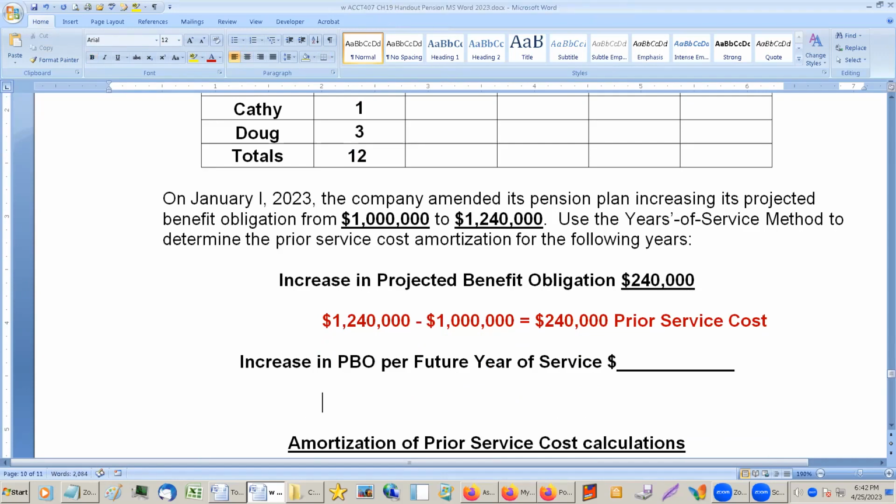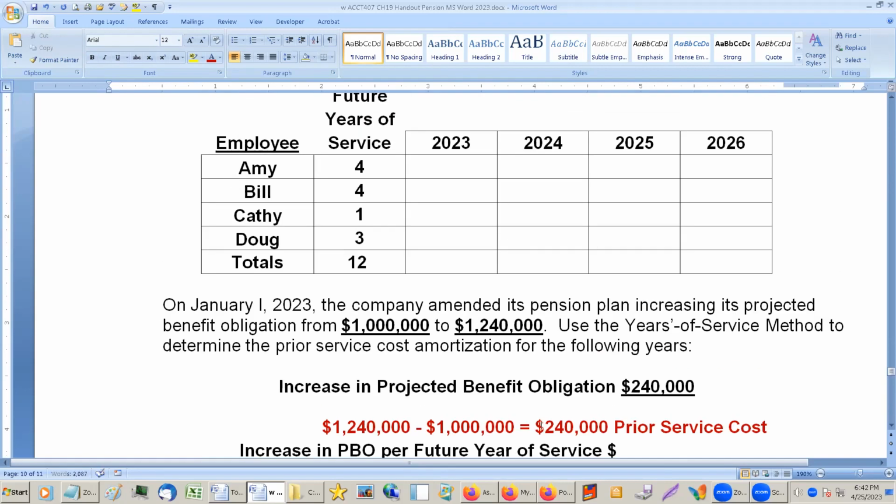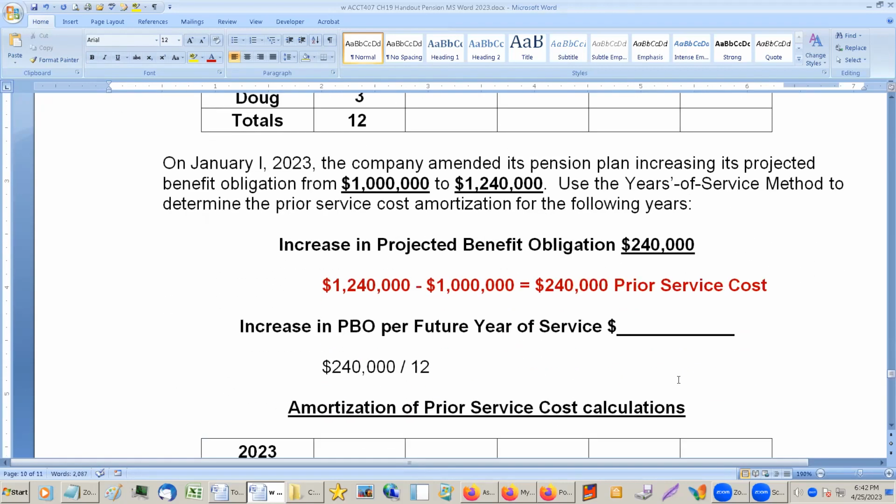It's 240,000 divided by 12 future years of service. It's 20,000, I think.